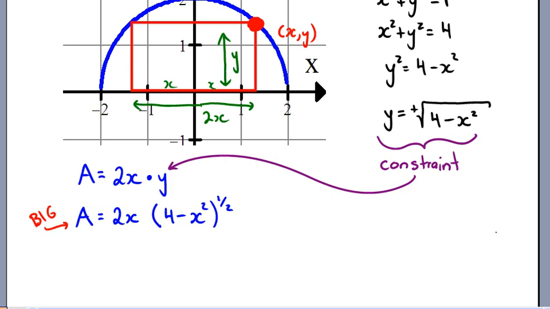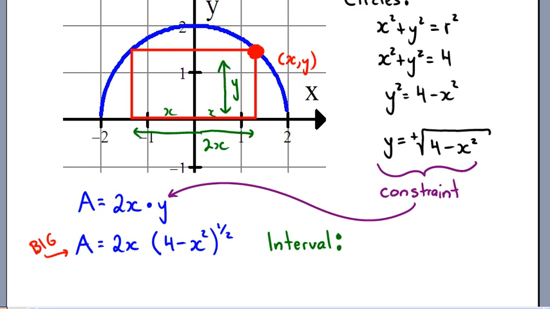Okay, well, while we're at it, now's probably a great time to think about the interval. Now that you've got this down to just one variable over on the right-hand side, what is the very biggest and the very smallest that x can be, and still have it make sense in this problem? Well, if x went down as small as 0, basically your rectangle would look like this, right? It would have no width to it and be as tall as it could.